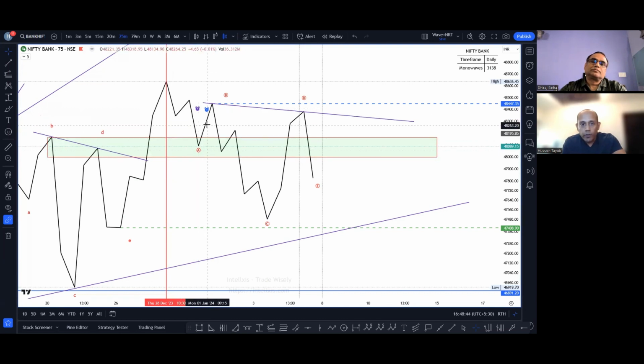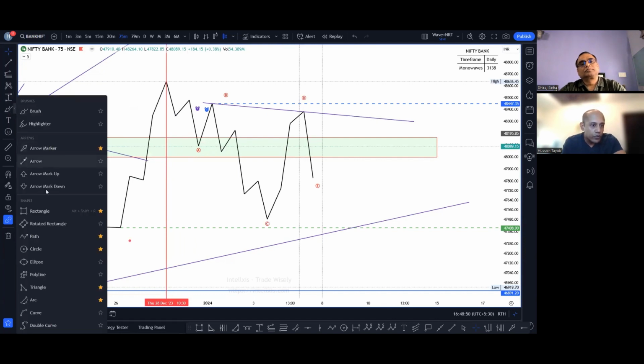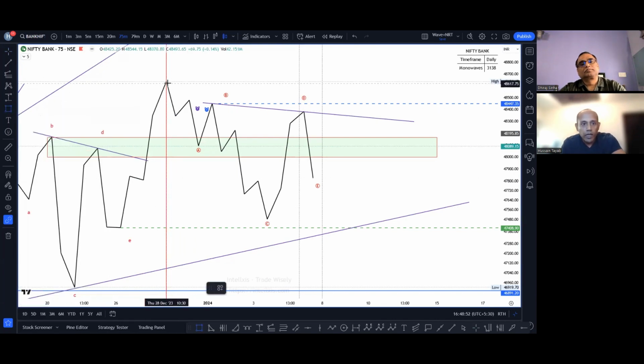This upward movement had taken less time than this A wave. And I will just mark out the A wave for our viewers so they are with me on the same page. Okay, this is our A wave. This wave in the opposite direction has taken less time than this box. Okay, and then it continued its downward movement.